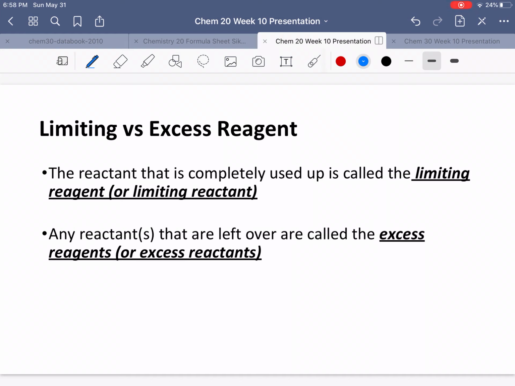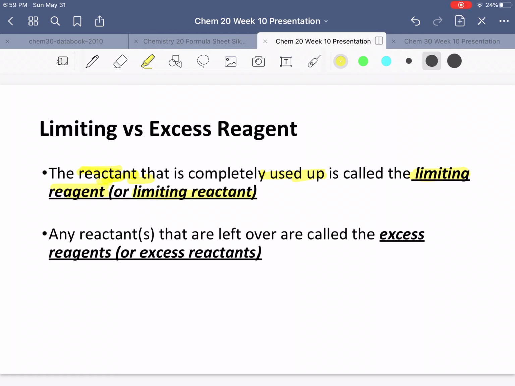Alrighty, new terminology. This is really important terminology because you're going to have variations of this in the questions. If you're going to make sense of the questions, you ought to know what the words are. So first thing first, you'll see the word limiting reagent and limiting reactant. They mean the same thing. They are whatever reactant is used up. So in other words, whatever one you have in a smaller amount. Now be careful, I'm not saying smaller mass.